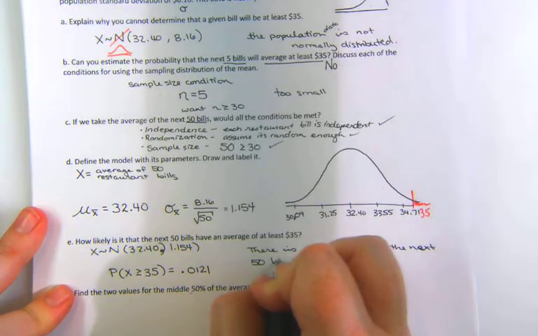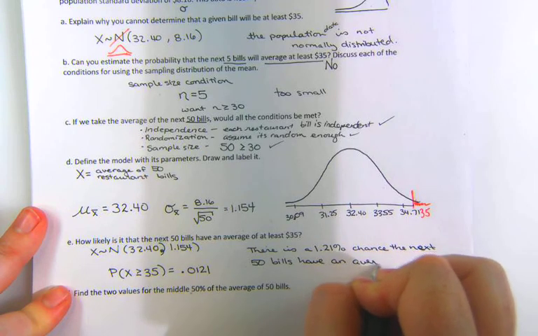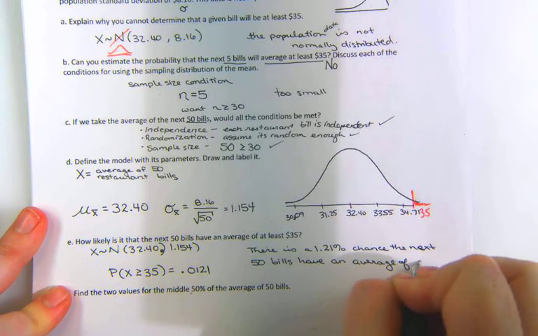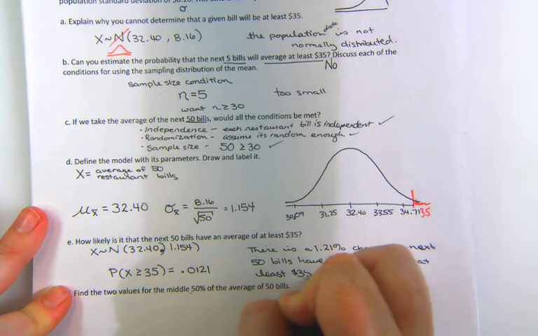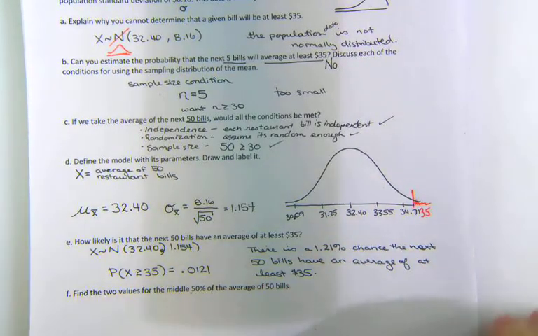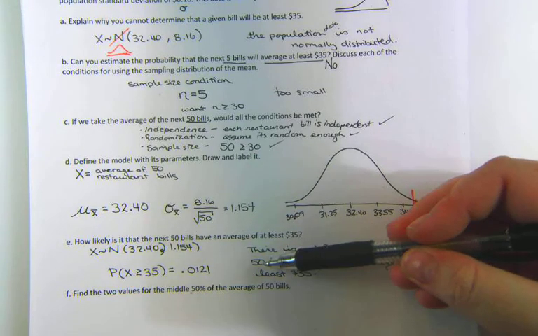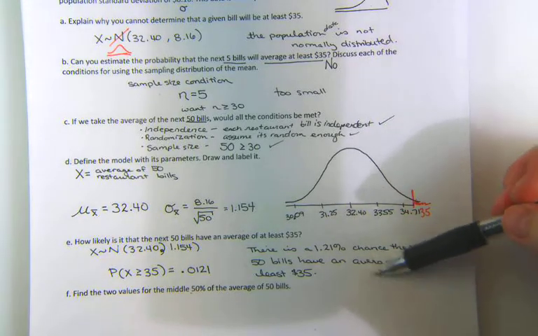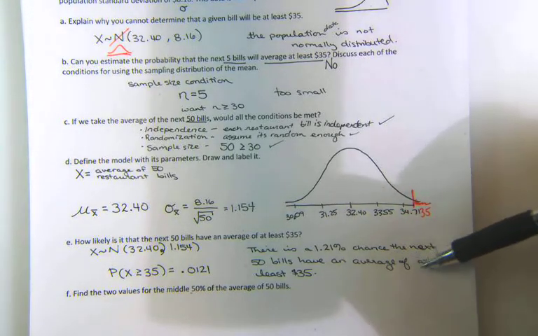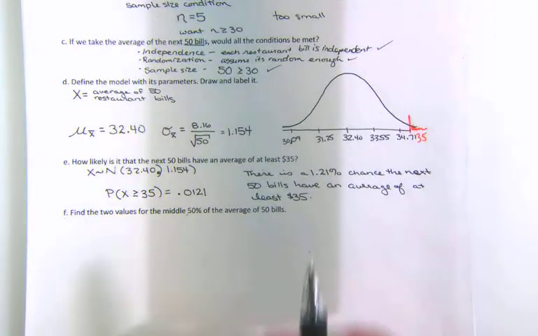And when we plug this into GeoGebra, we should get out 0.0121, which means there is a 1.21% chance the next 50 bills have an average of at least $35.